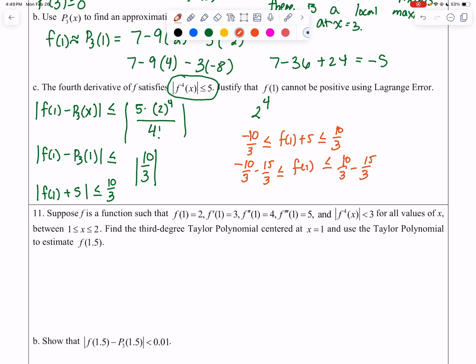Well, on the left side, that's going to be negative 25 over 3. And then on the right side, that's going to give me negative 5 over 3. Based on that information, this tells me that f of 1 can't be positive, because it's squished between negative 25 over 3 and negative 5 over 3, both being negative. So f of 1 cannot be positive using Lagrange.